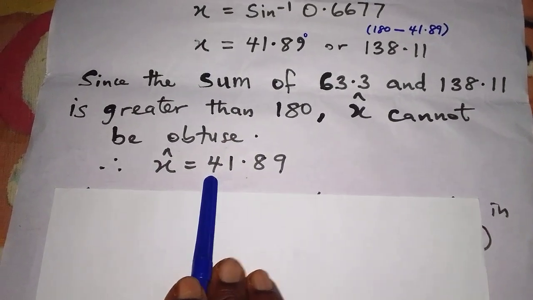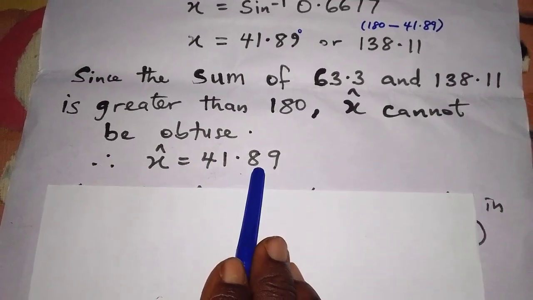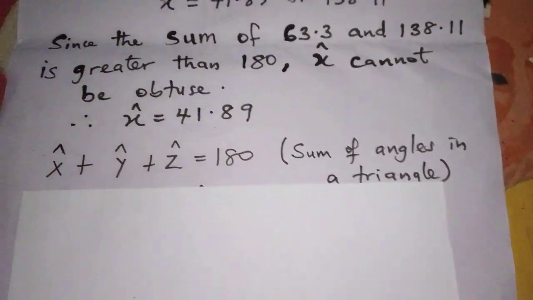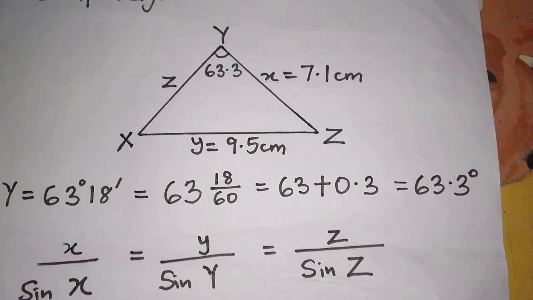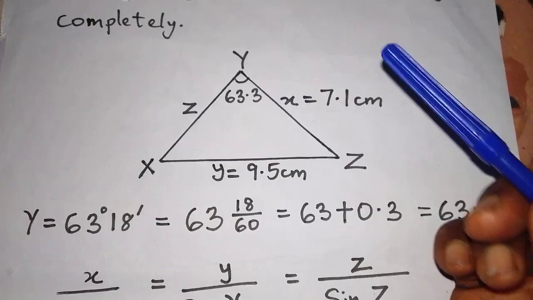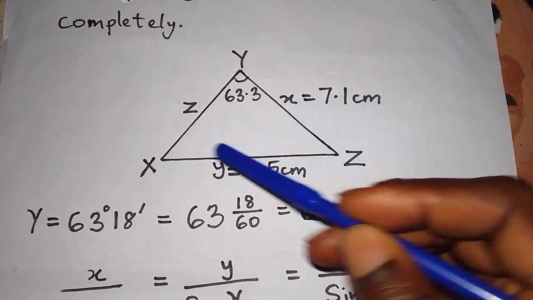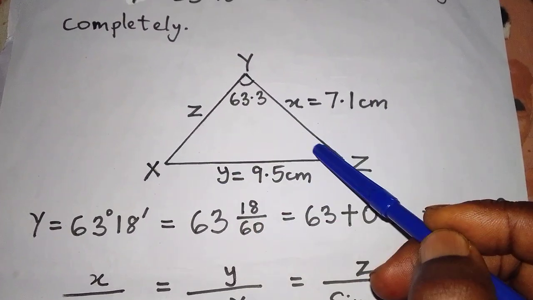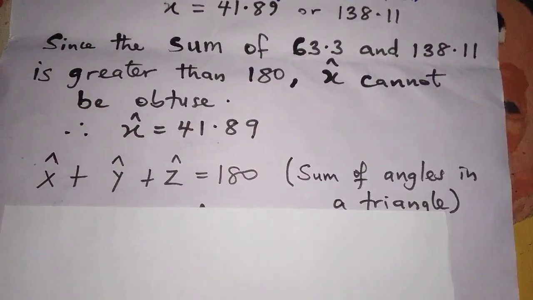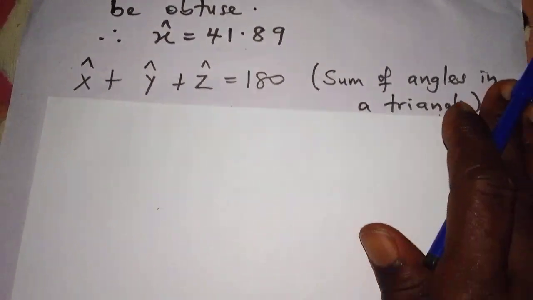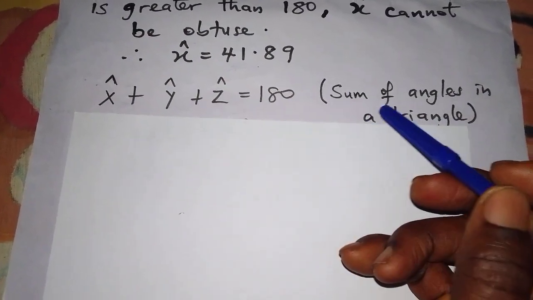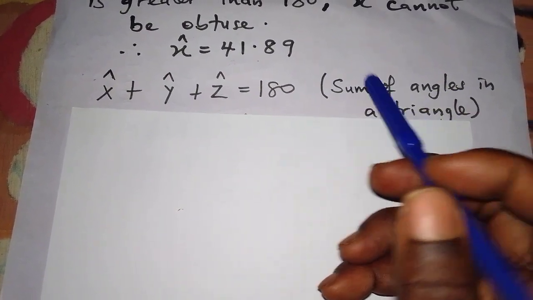So the value for angle X is 41.89, and you know in this triangle you have X, Y, Z. You are given 63.3 and you have been able to find angle X. So it will be easier for you to get the third angle, which is Z. Angle X plus angle Y plus angle Z should be equal to 180, the sum of angles in a triangle.